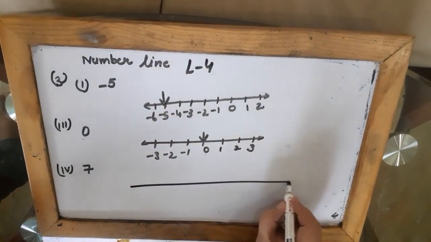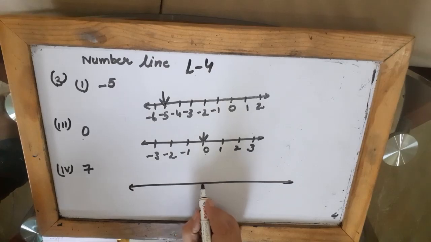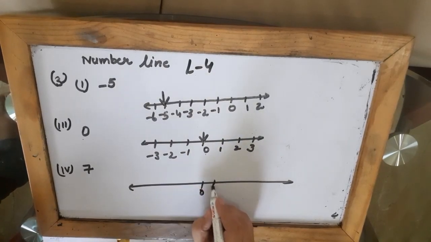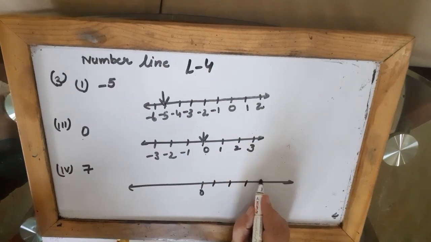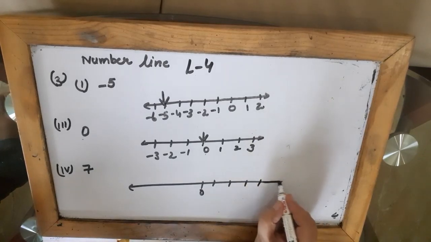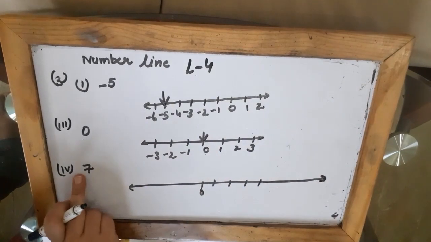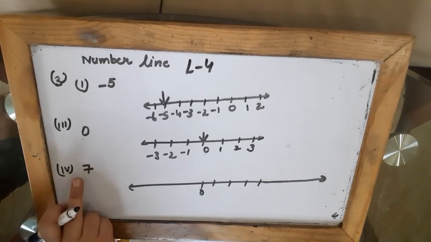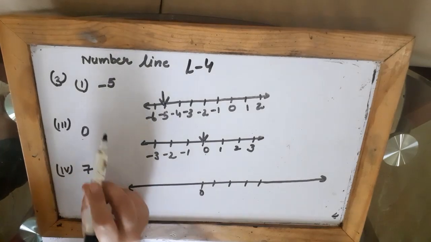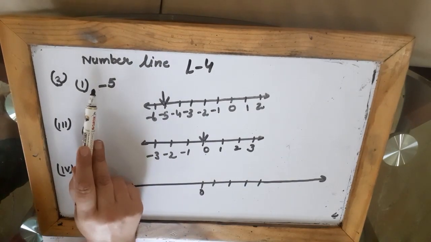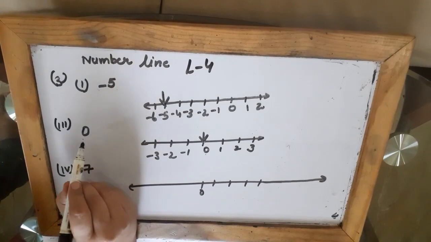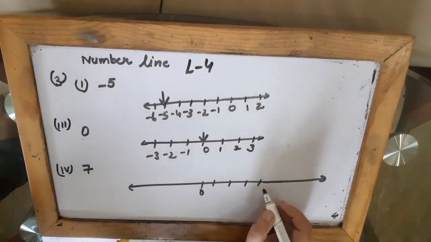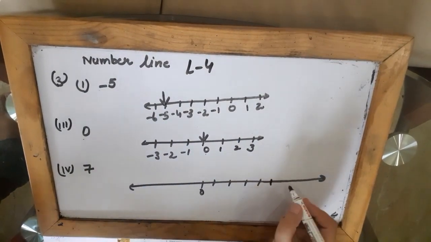While in the fourth part you have to show 7. So where will 7 be? To the right side, and when you don't have any sign in front, it means it is positive. So there is no sign in front of 7, so it means it is positive 7. But if you have a minus sign, it means it is negative 5. And 0, I told you, does not have any sign.